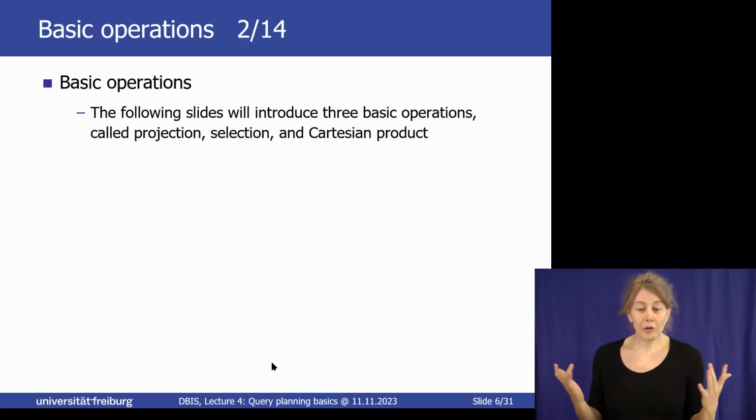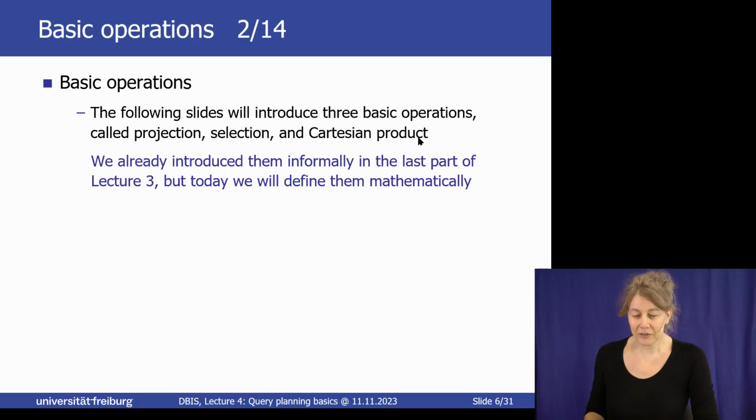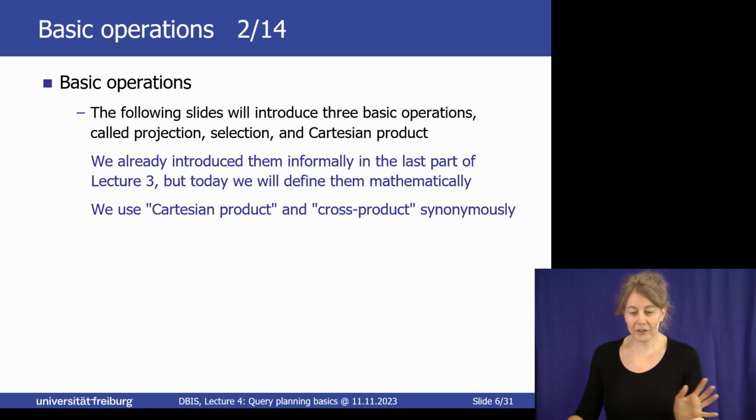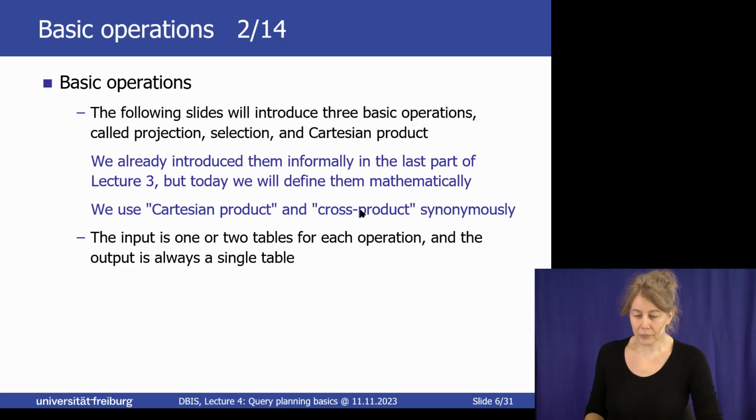So we will start with the simplest operations which you need to process any meaningful query, and that's projection, selection, and Cartesian product. It will be very clear very quickly what that means, and we already saw them in the last lecture. And by the way, Cartesian product and cross product, we use them synonymously.